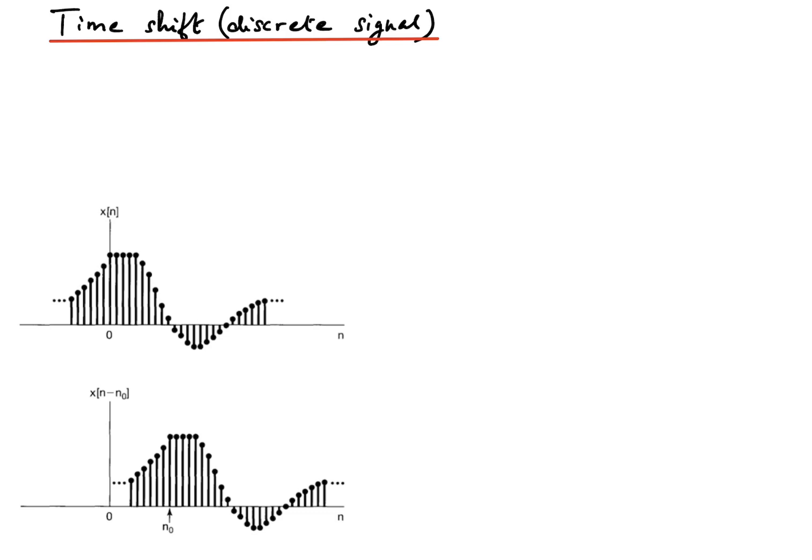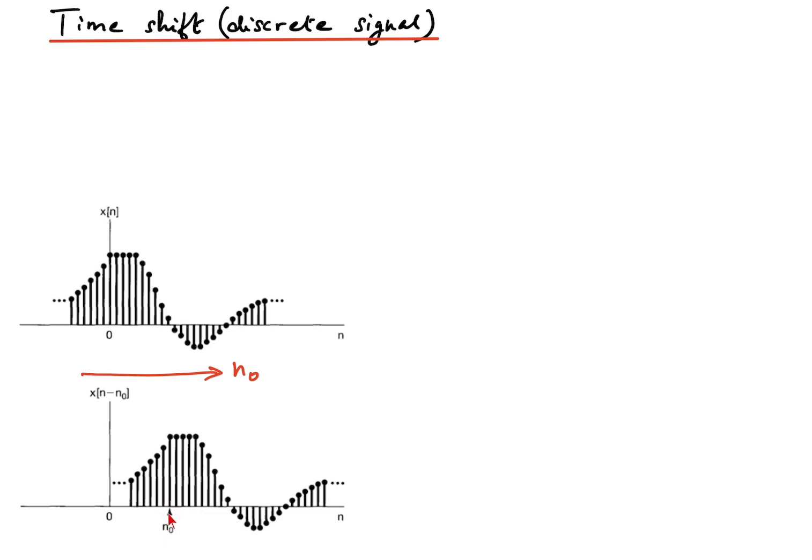So let me draw that in a different color. By shifting it by a certain amount, that is what gives us the signal at the bottom. So instead of this first highest value being at 0, now this entire sequence has been shifted to the right, such that this first maximum value that you have at 0 here has now come to n naught, whatever that shift n naught is.